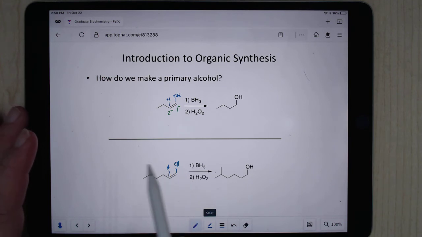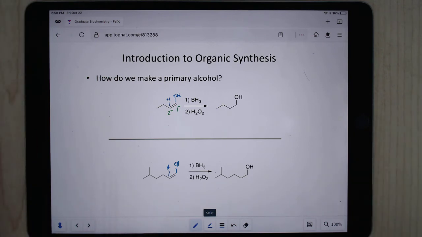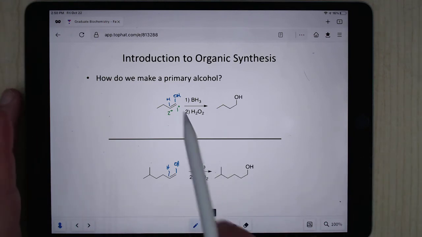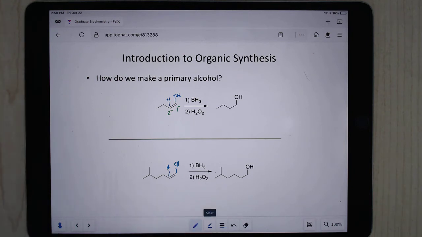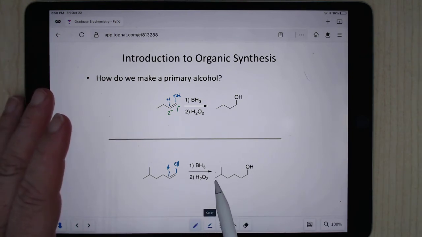And you're like, wait, hold on, where did we get this one? Well, we're just saying we don't know yet. We're just saying in order for us to do this reaction, the molecule better look like this. We'll get to building this in a second, but we need to get the functional groups in the correct place in order for us to do this.